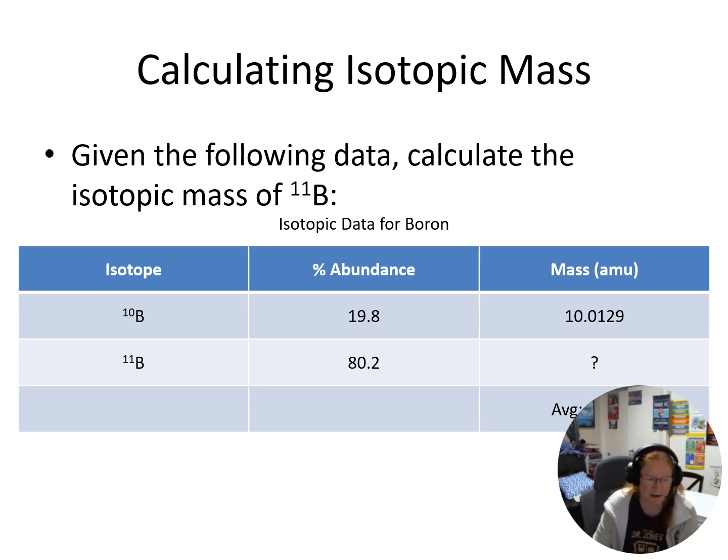So I can check on the periodic table and I can see for boron that I've got a mass of 10.812. And so I can set up an equation and figure out what is the mass of boron 11.